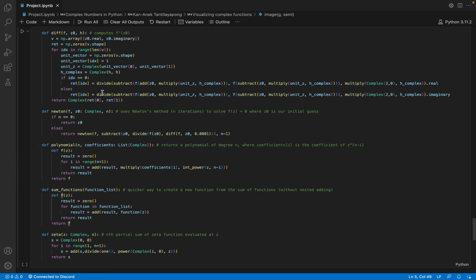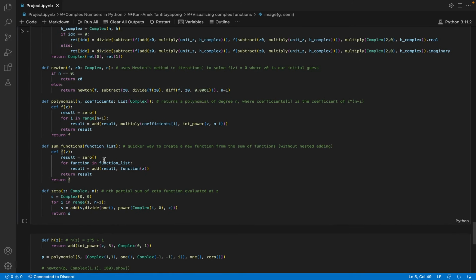We also have some helper functions. Polynomial creates a polynomial of degree n with coefficients in descending power. And we have a sum function, for summing together many functions, so we don't have to do nested adding.